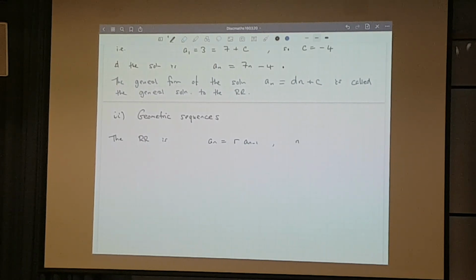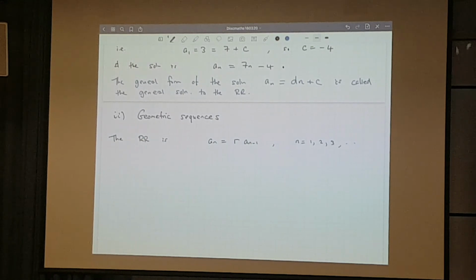And whether we choose the initial n to be 0 or 1 is kind of up to us. So I'm going to choose that n is 1, 2, 3. So that means I have a_0 included, because it tells me that a_1 is equal to r a_0.